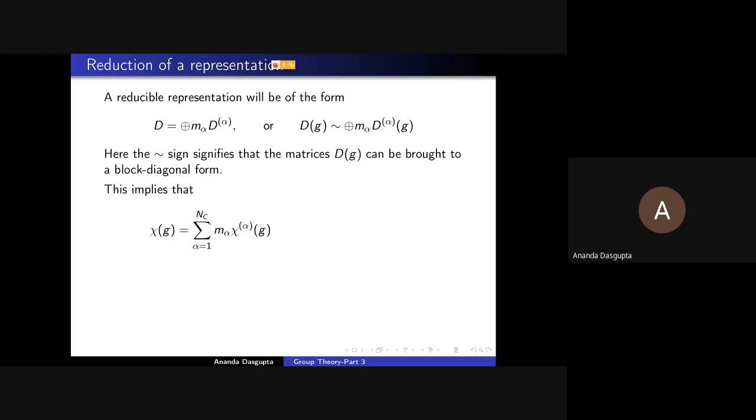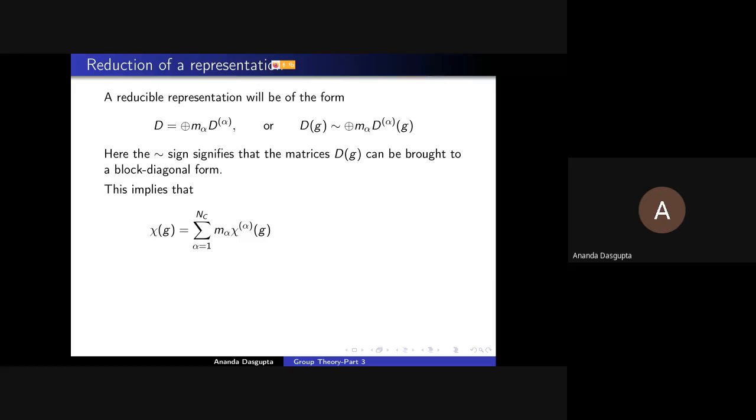Okay. Now, what does this tell you about the character? If you are in the block diagonal form, then it's easy to see that since every one of the representative matrices are sitting right across the diagonal, their diagonals are of course the diagonals of the actual big matrix, right?